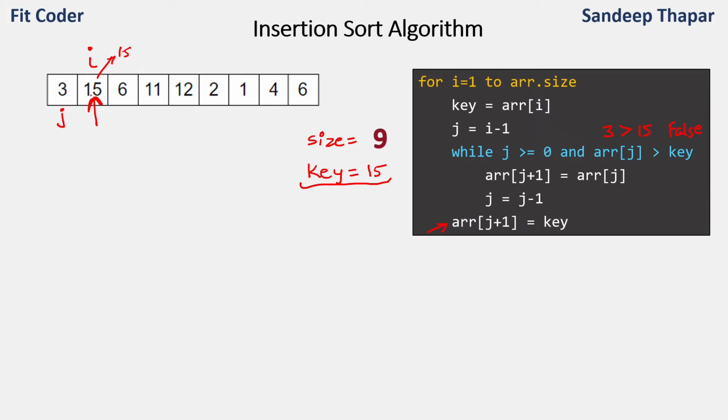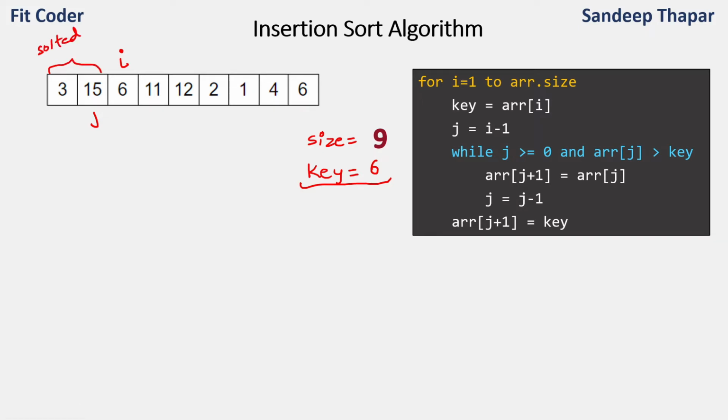In the next iteration, now I is pointing to 6 and key becomes array of I. So key is also 6 and j is I minus 1. So j is pointing to 15. The idea is that before I, all elements are sorted. So 3, 15, these are sorted.